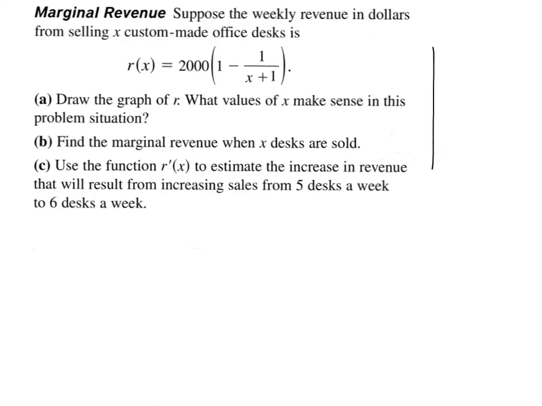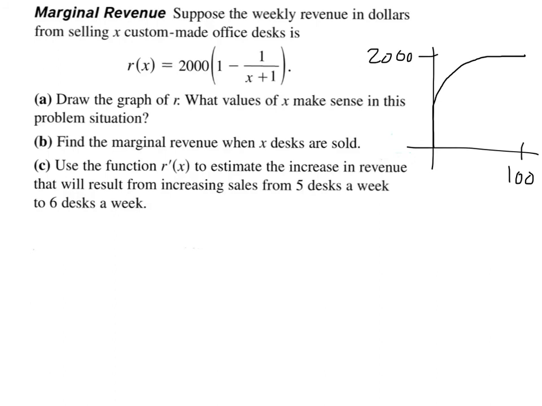If I was to draw it pretty quick, if that's 100, that's 2,000. Our graph kind of looks like this, and it gets closer and closer to that 2,000 as you get bigger and bigger in the numbers.